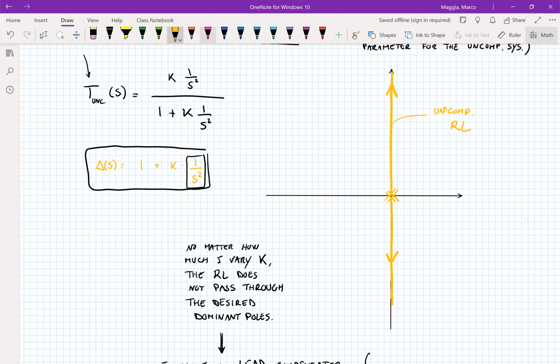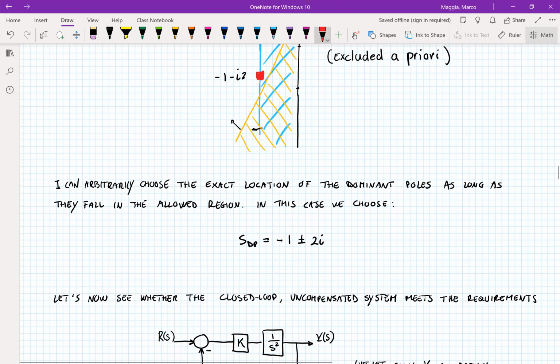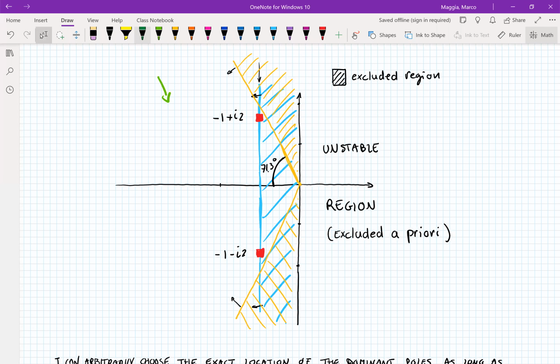You can see that no matter how much we change the value of k, this root locus does not pass through the dominant poles that we chose, which are over here. Even if we had chosen another pair of dominant poles, the uncompensated root locus would be in the forbidden region. Right?